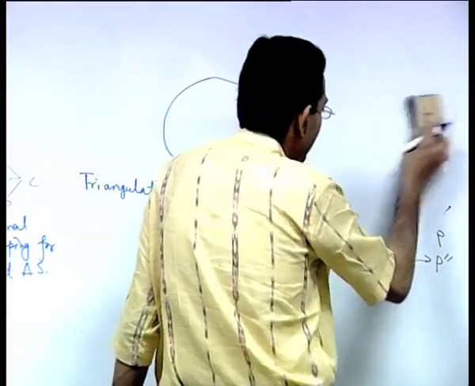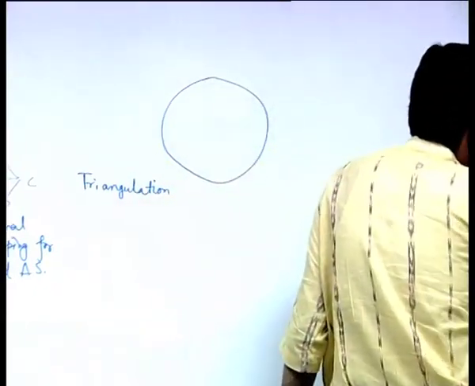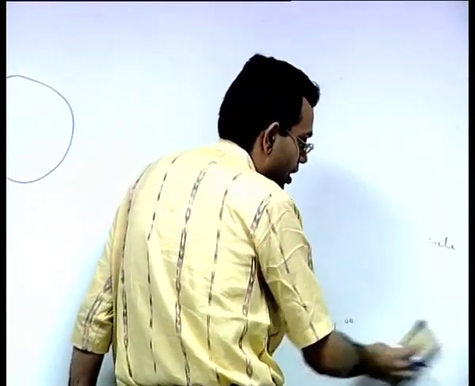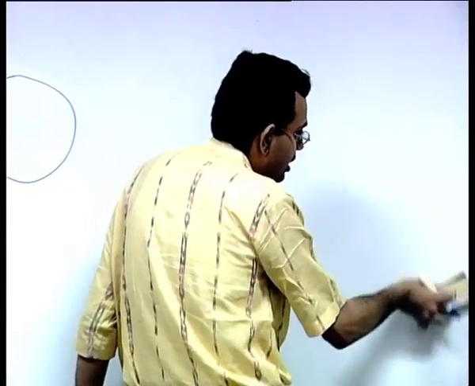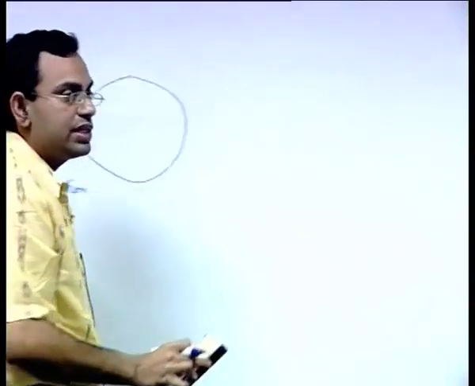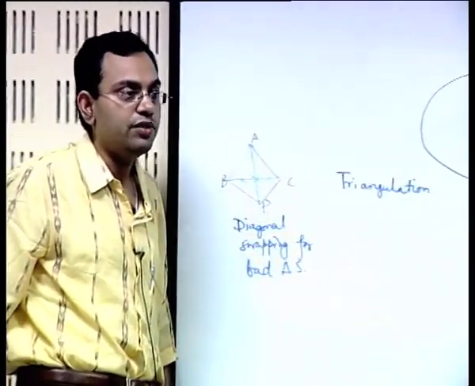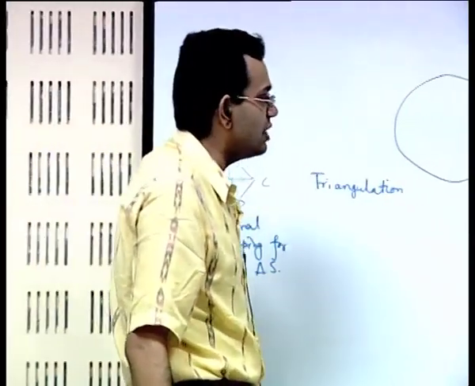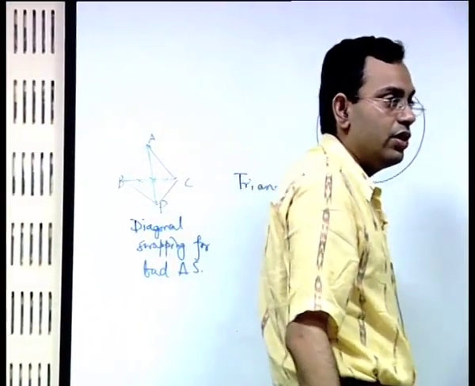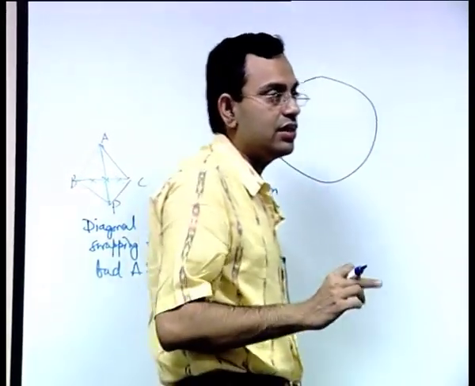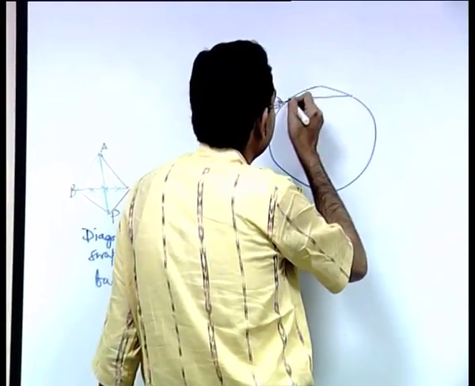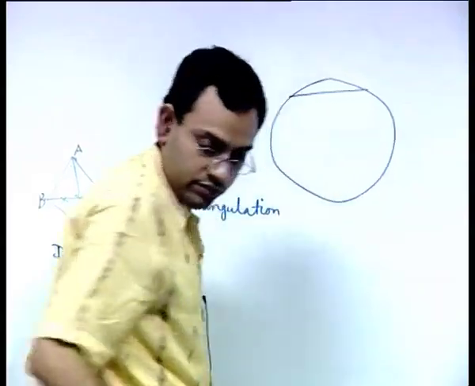Now next, let us say that you have generated triangles. Your question is whether we can consider any point far away from the circumference. You will never do that.